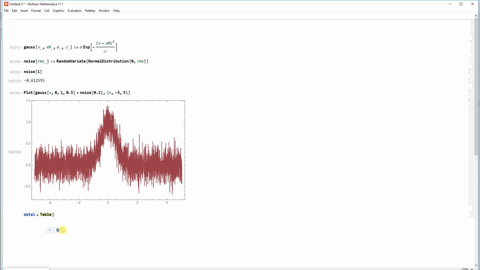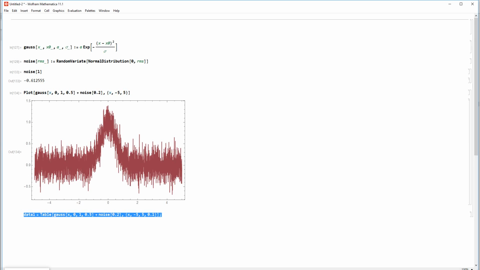So let's create some data at x values that vary from -5 to 5 in steps of 0.1. Let's say that's data that we measure here in Cologne in the lab.